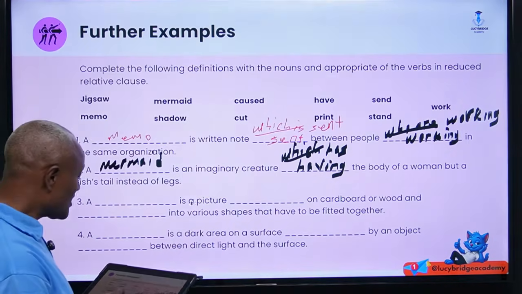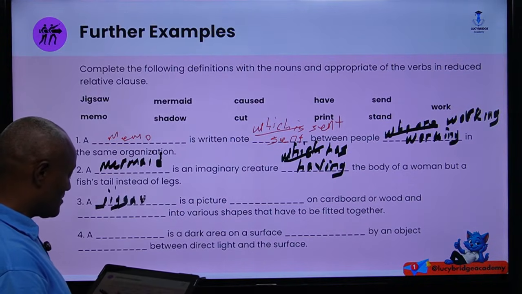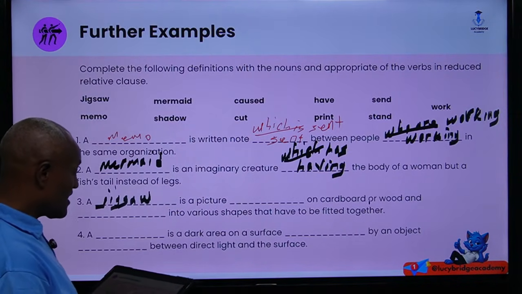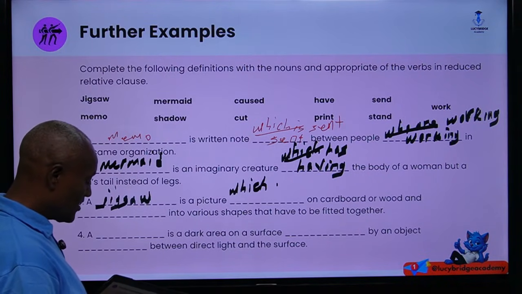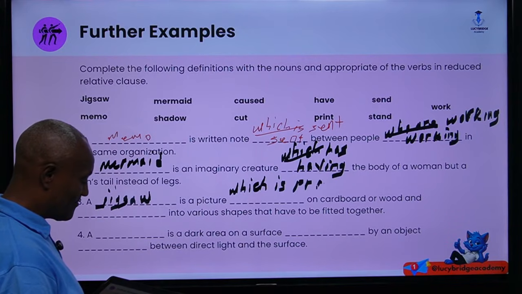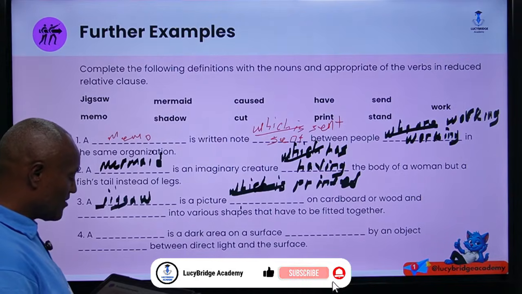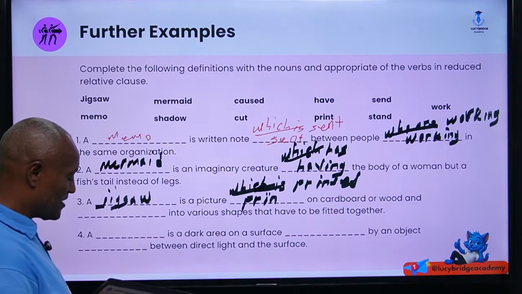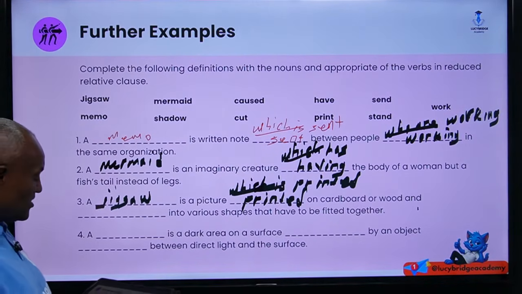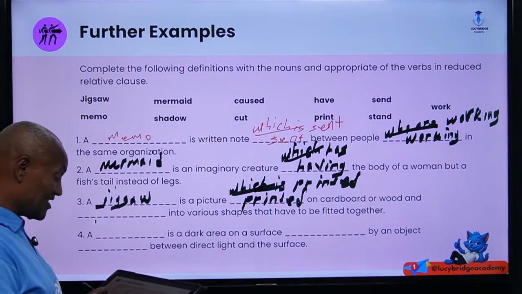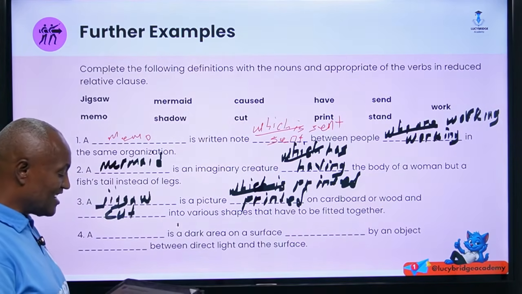Number 3, a dash is a picture. A jigsaw is a picture which is printed on cardboard or wood and which is cut into various shapes that have to be fitted together. When we omit which is, we are left with printed, because this is passive, and then cut into various shapes.